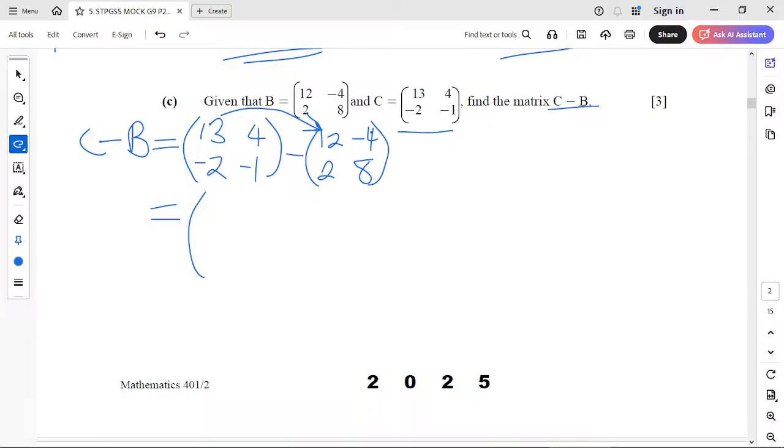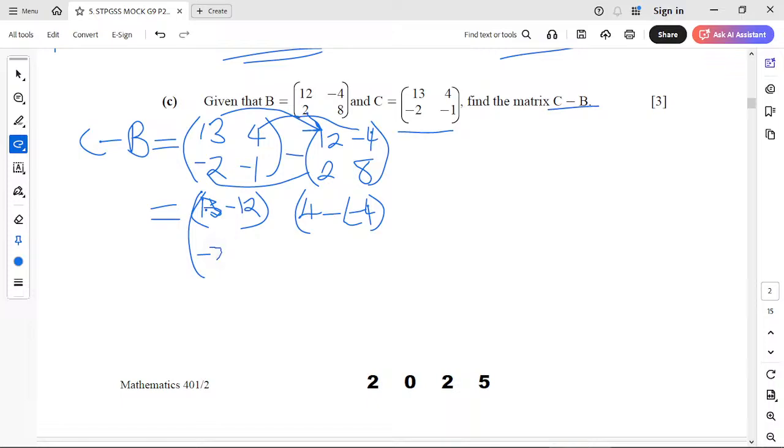So we're going to say 13 minus 12 in brackets. Then again, we're going to say the corresponding element of 4 is negative 4. So we're going to say 4 minus negative 4 in brackets. Then the corresponding element of negative 2 is 2.